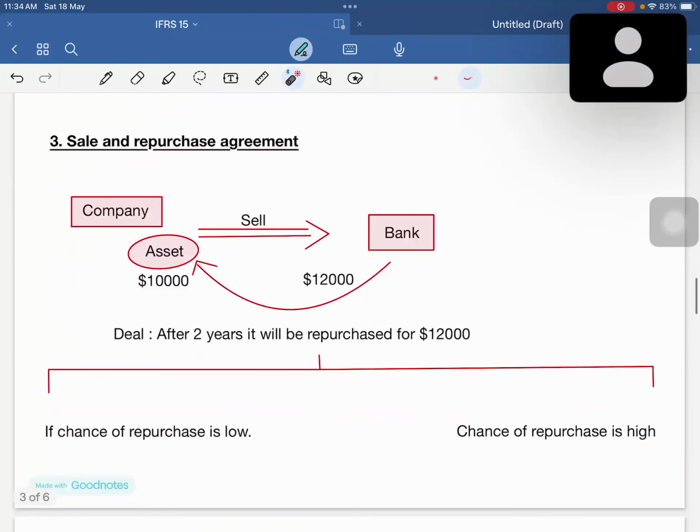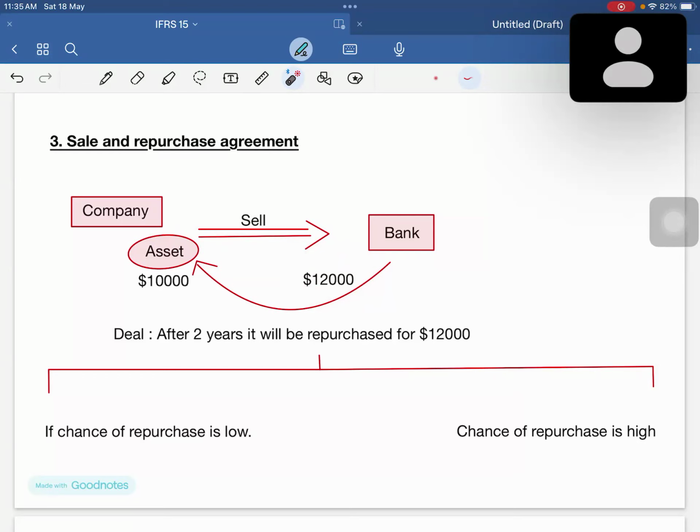Okay, next arrangement is sale and repurchase arrangement. So here, suppose your company has an asset worth $10,000. The company sold that asset to the bank for $10,000, let's say.